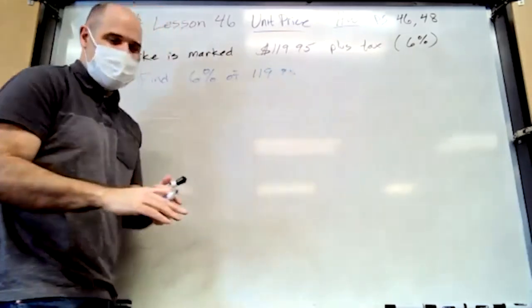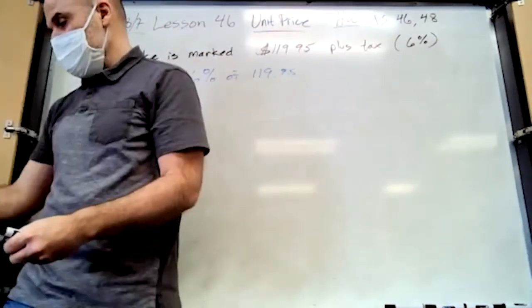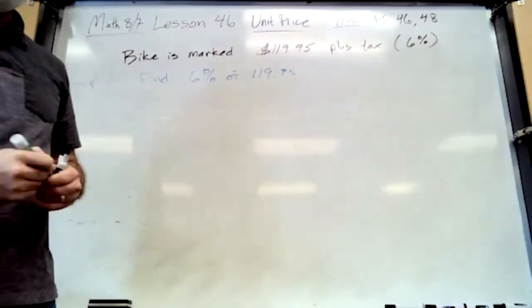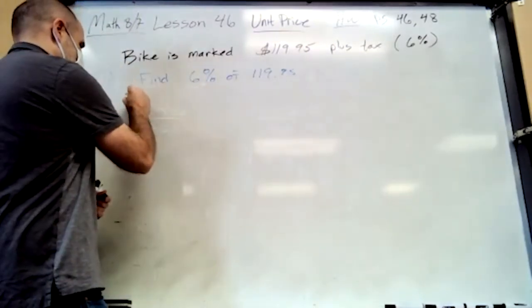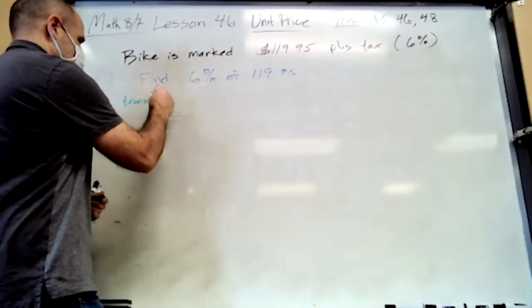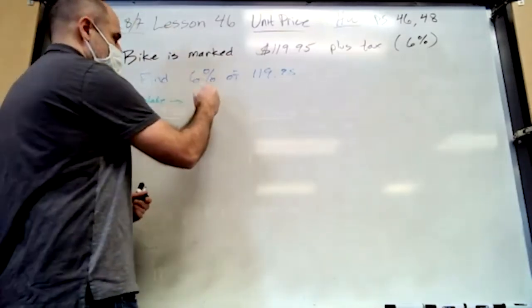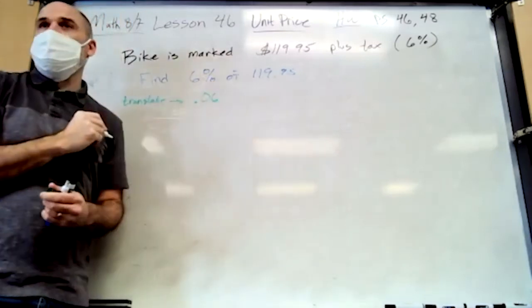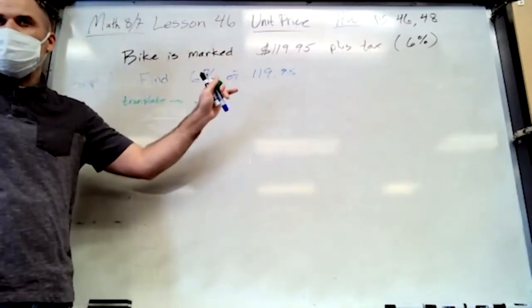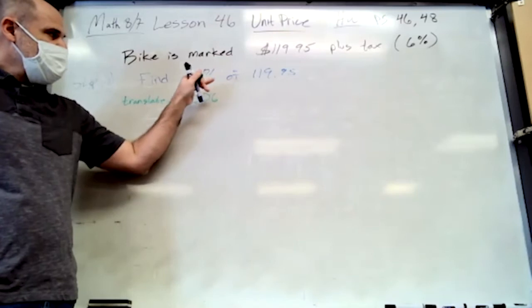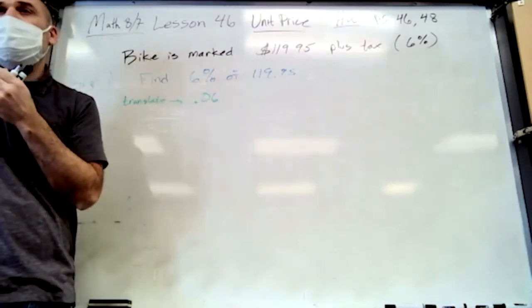So find 6% of 119.95. Now translate this into math. How do you say 6% in math? 6 over 100, or 0.06. Remember changing percents to decimals? You can just move the decimal over 2 places, or 6 over 100 works great.